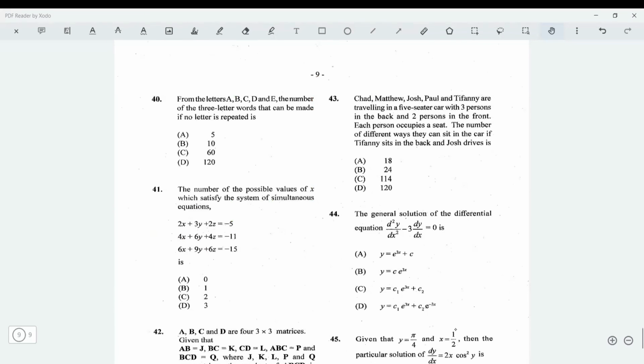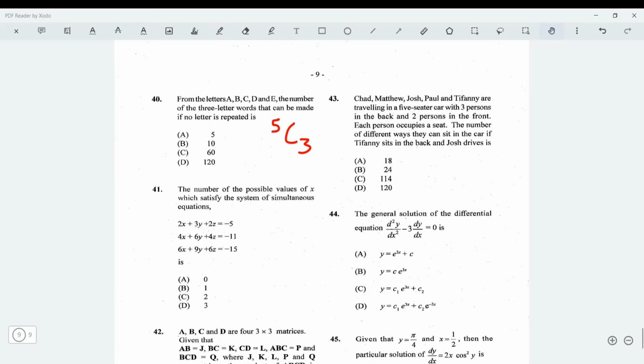Question 40, it says, from the letters A, B, C, D, E, the number of 3-letter words that can be made if no letter is repeated. So 3-letter words, how many letters are there? 5, so we need to group them up in 3. So group them up in 3 from a total of 5 letters.